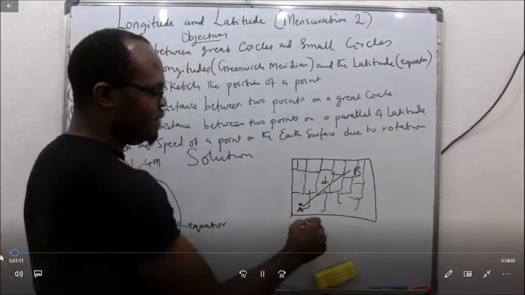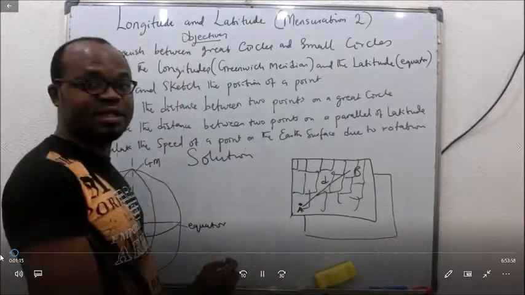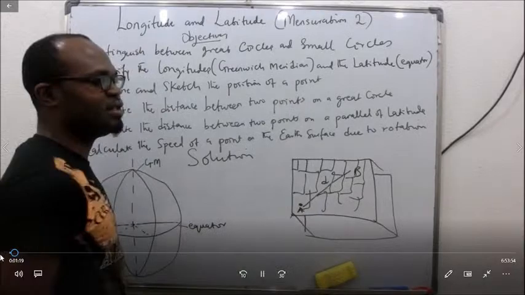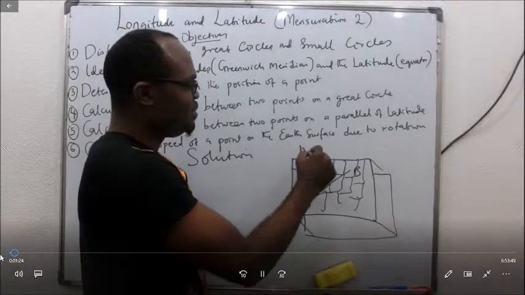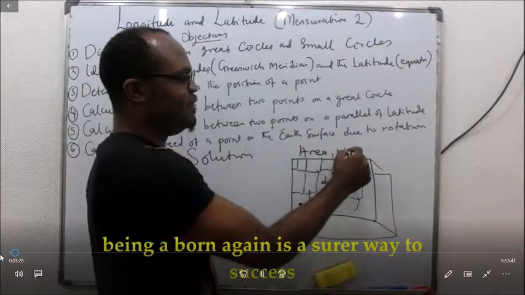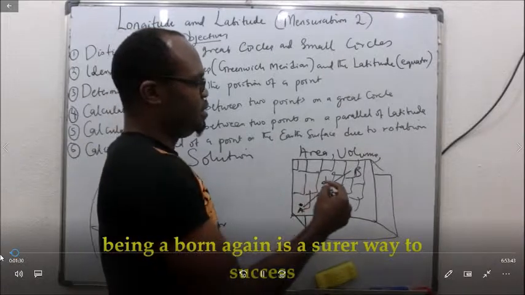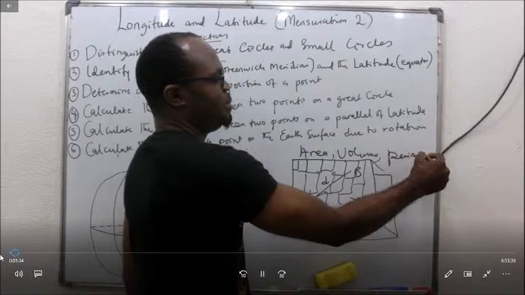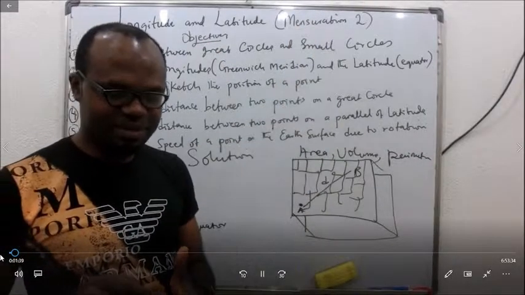Or if this object is a solid object and you want to know the volume of this object, you can study either the area of this object, the volume, or the perimeter. You can do all these studies under mensuration.